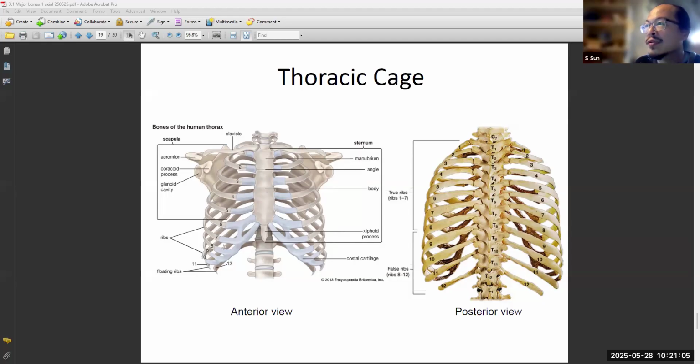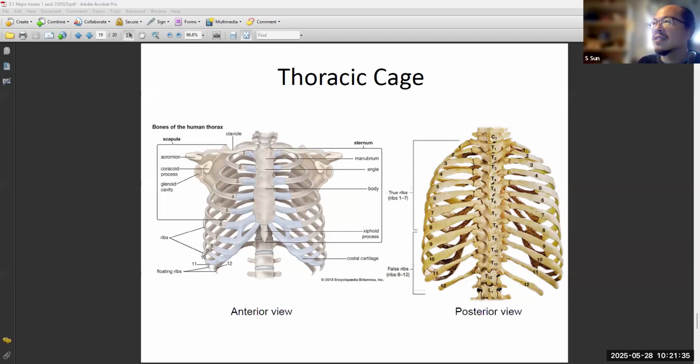We call 1 to 7 the true ribs because they directly join the sternum. And then 8 to 12 are called false ribs because they do not directly join individually. 11, 12 do not connect with the sternum at all.